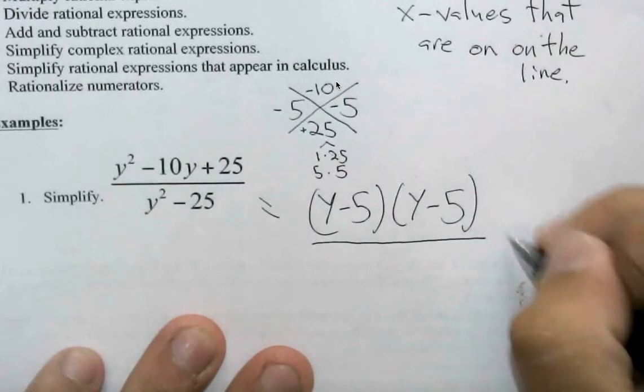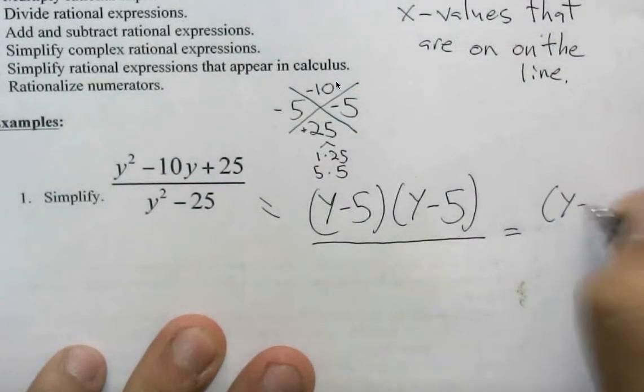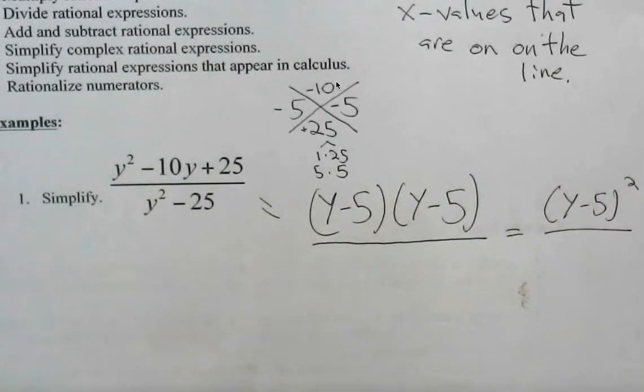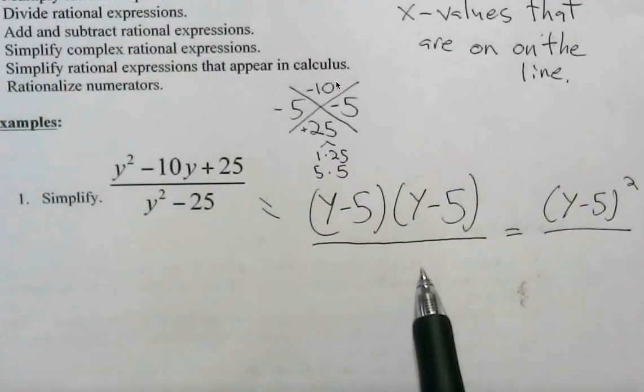If you really want to take a step further, you could say this is y minus 5 squared, but with problems like these, I try to expand the rational expression as much as possible. I'll factor it as much as I can to make sure that I know what expressions are in the numerator or denominator, and then I start to simplify towards the end.